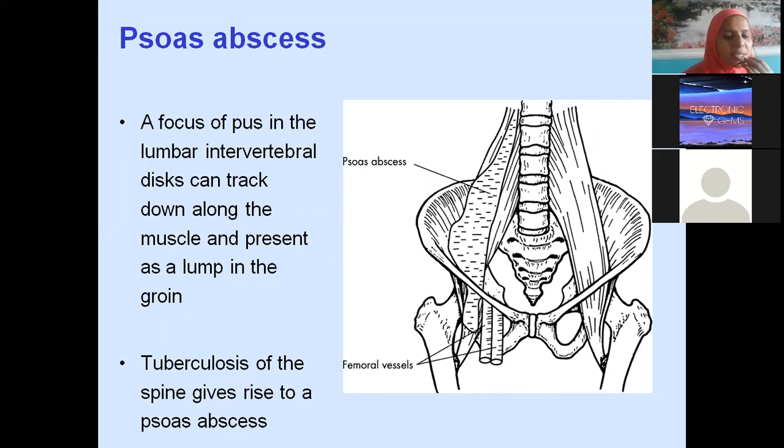That may be the reason for psoas abscess. Pus can start from the lumbar vertebra and intervertebral disc, then gradually track along the muscle and collect in the groin region as a lump.